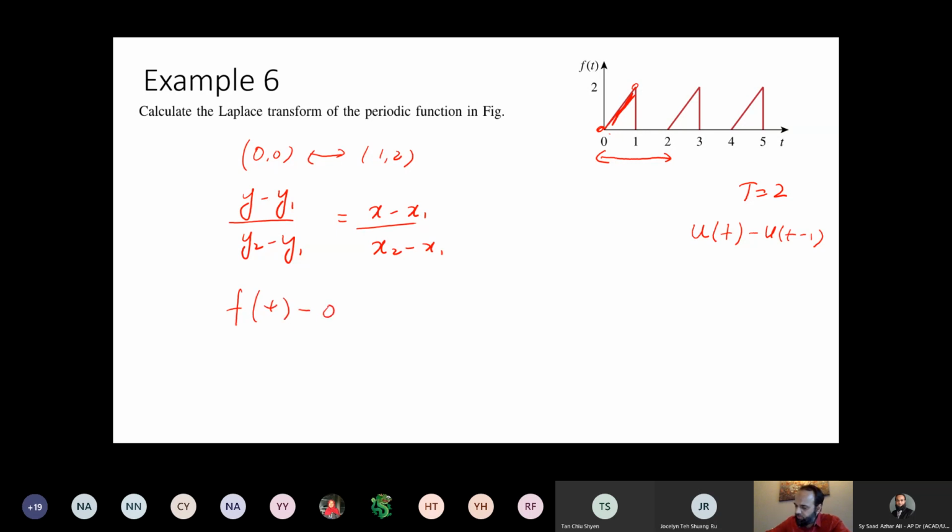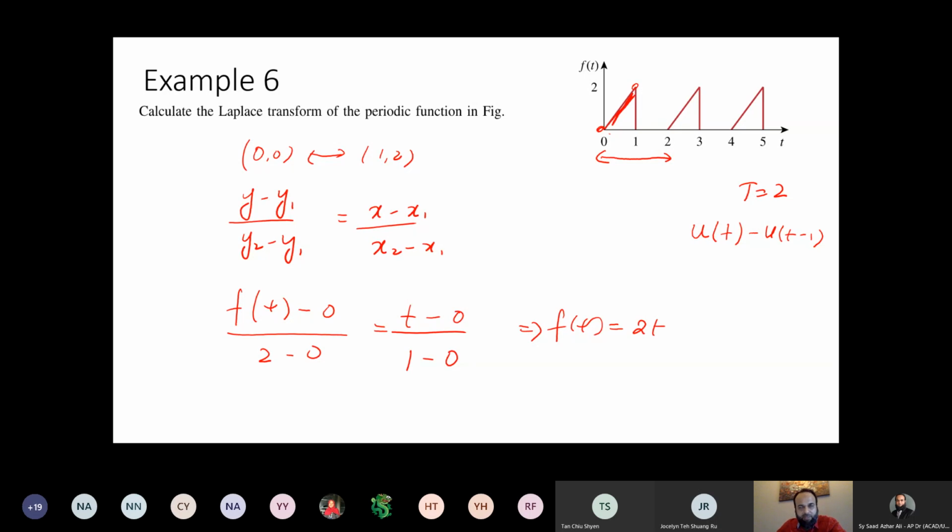f(t) minus y1, which is 0, divided by y2 minus y1, which is 2 minus 0, equals x, which is t, minus x1, which is 0, over x2, which is 1, minus 0. So it's basically f(t) is equal to 2t.